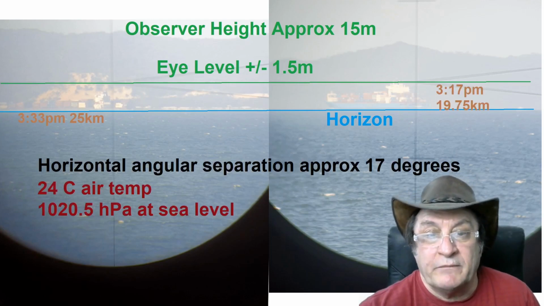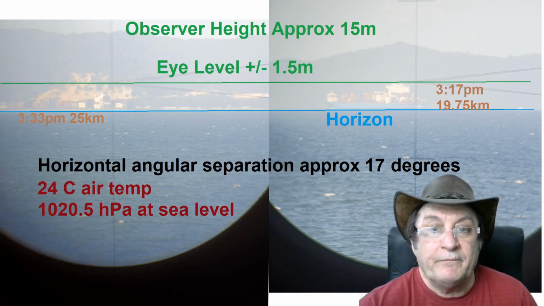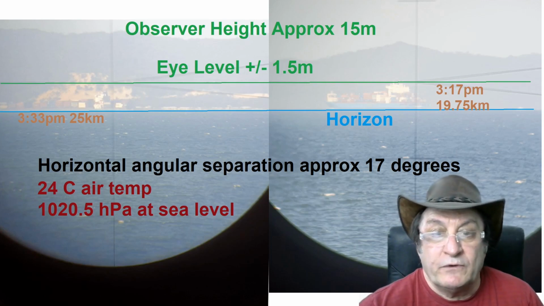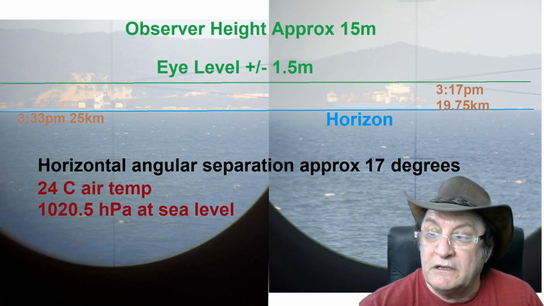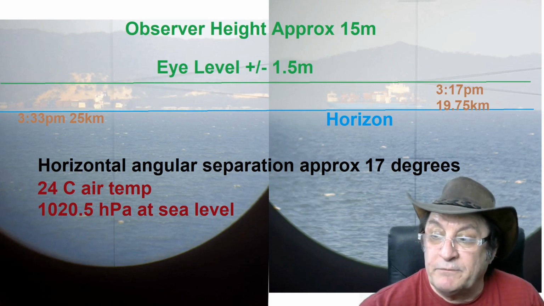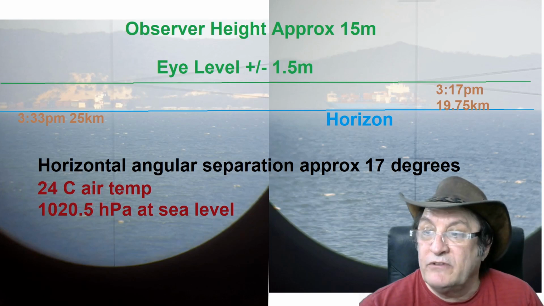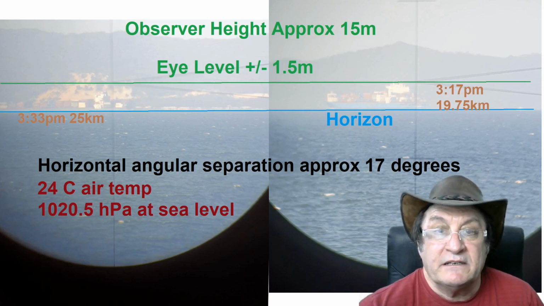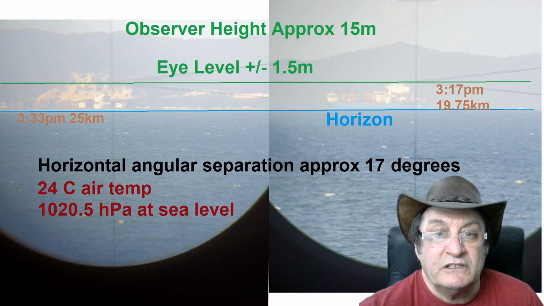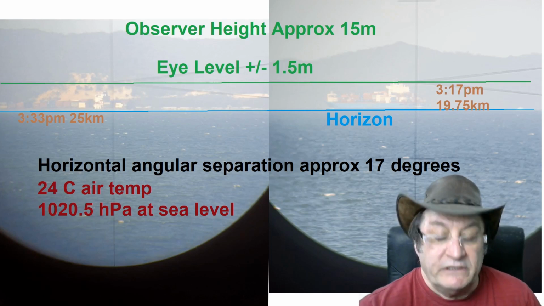So here are some of the other measurements that I've put on the diagram. 24 degrees centigrade air temperature, 1020.5 hectopascals is the barometric pressure at sea level, and these are the times and the distances to the ship on those two images.